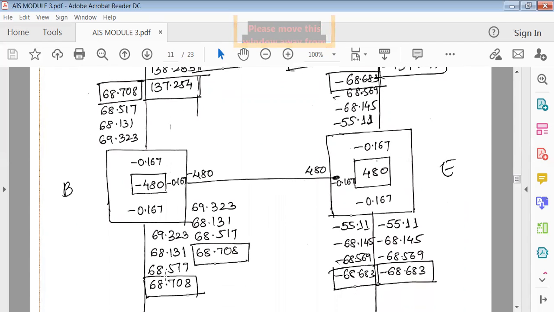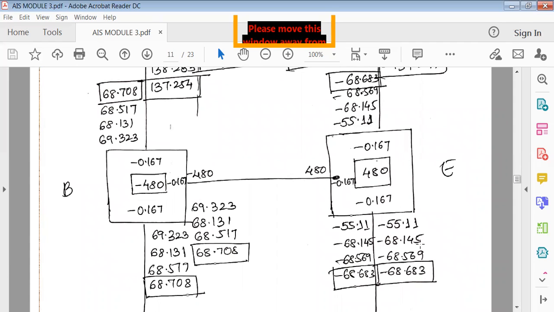Then from this joint, which is connecting like this, it is 69.323. Add all of these, into minus 0.167, write it here, 68. Then the same thing, 68, and here also minus 68.